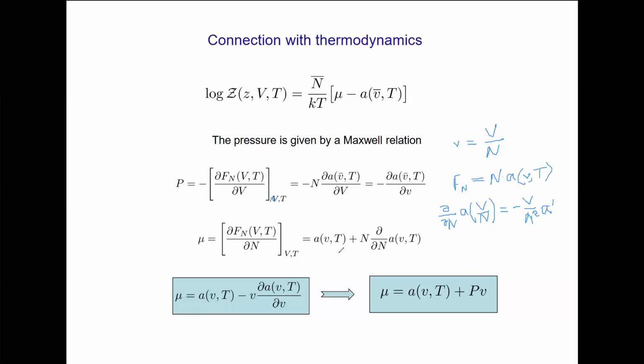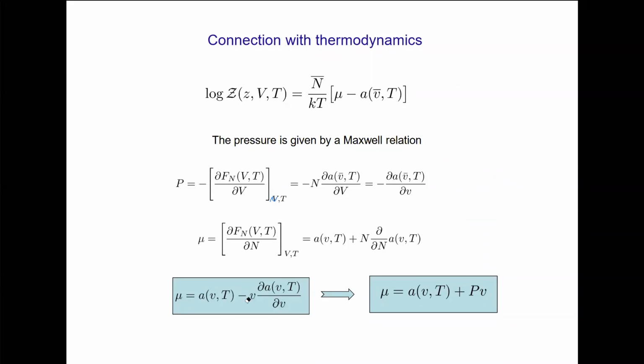Chemical potential is equal to the free energy per particle minus v times the partial derivative of the free energy per particle with respect to v. So I have this formula.